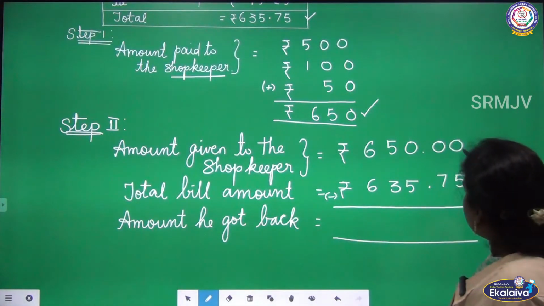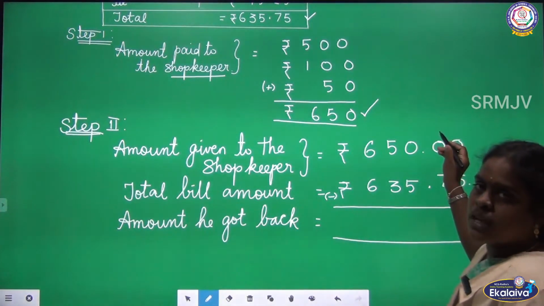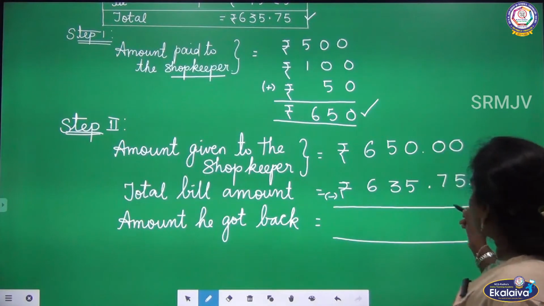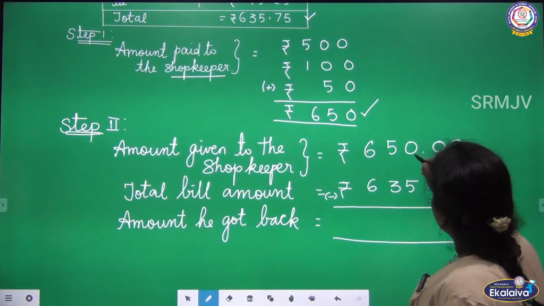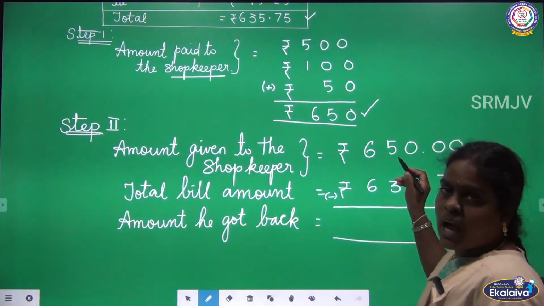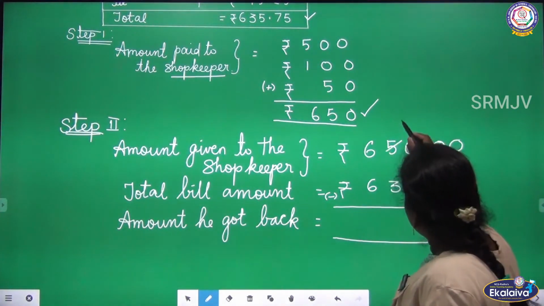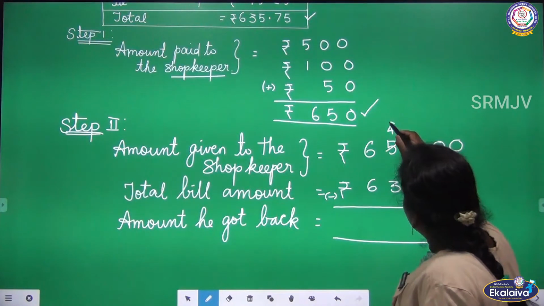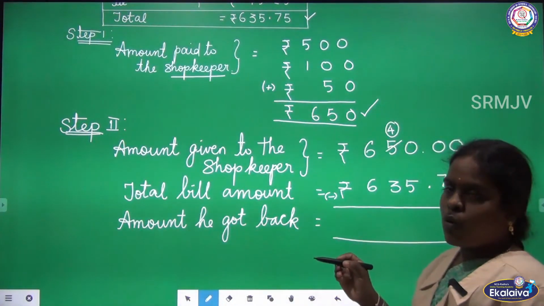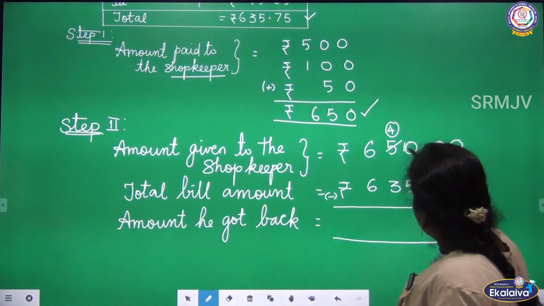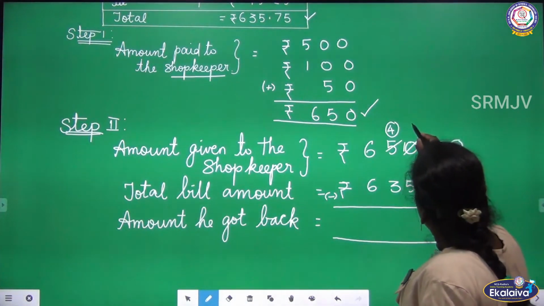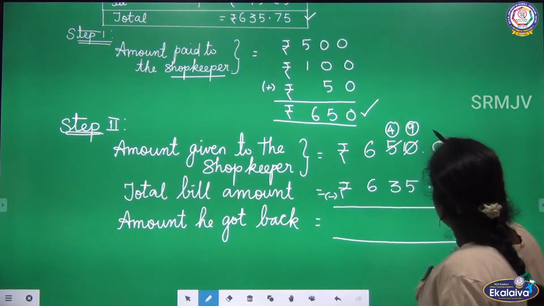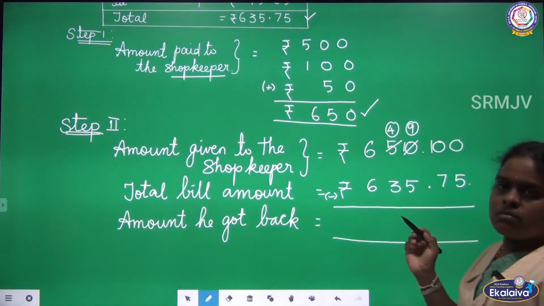Listen, here we have 0 in the paise column, so we cannot subtract. We are going to borrow from the rupees column. So, here in the first place also we have 0. So, borrow from 5. If you borrow, it becomes 4. And this 0 becomes 10. Now, we are going to borrow from the 10 and it becomes 9 and 0 becomes 10.